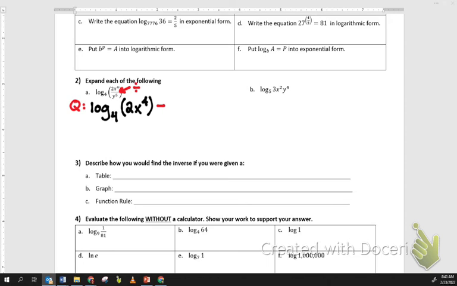So the opposite way from our condensing. And we'll subtract the denominator. The denominator will become our argument. So we did our first step, our quotient rule.